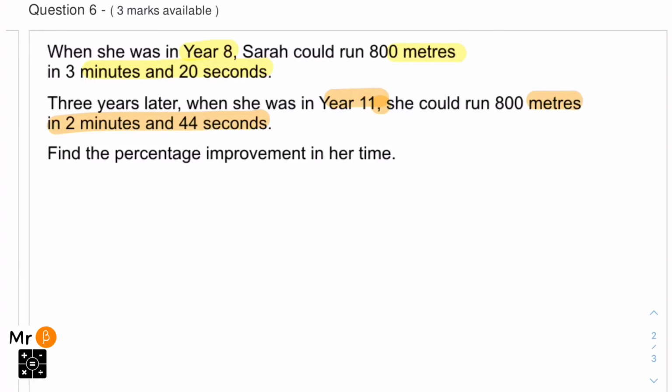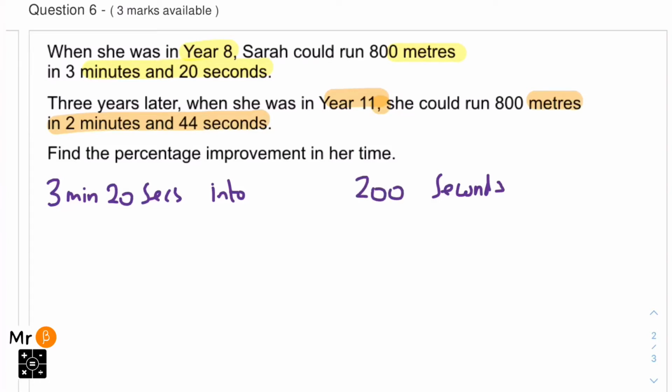So let's convert 3 minutes and 20 seconds into just seconds. So we know there's 60 seconds in a minute. So 60 times 3 is 180, plus those 20 seconds, we have 200 seconds there.